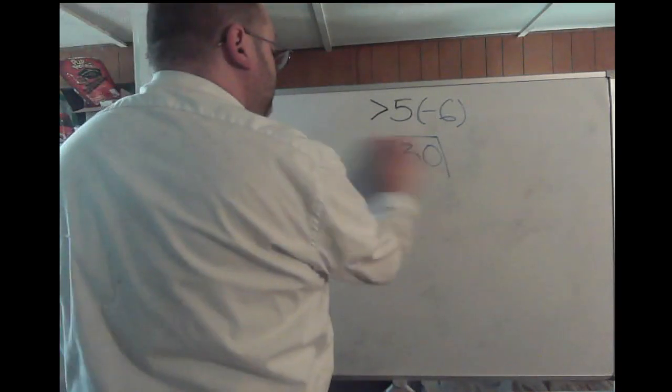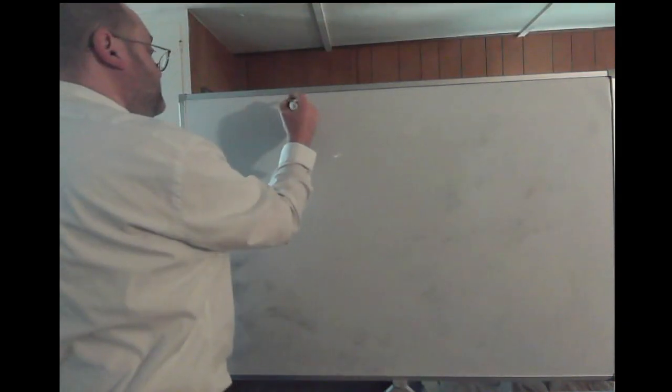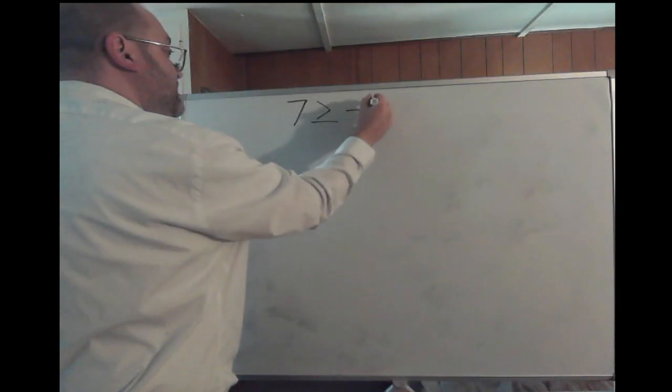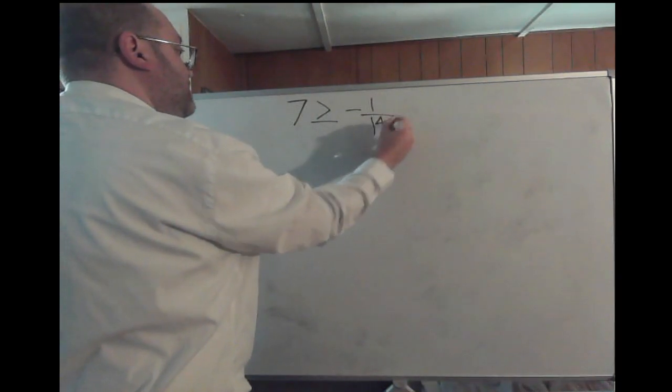I got more examples of this. Alright, so let's see. We got 7 is greater than or equal to negative 1/14 h.